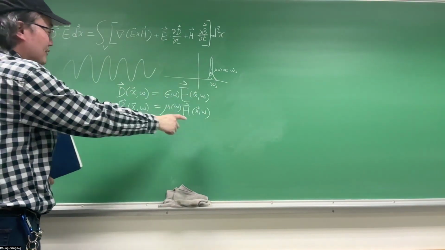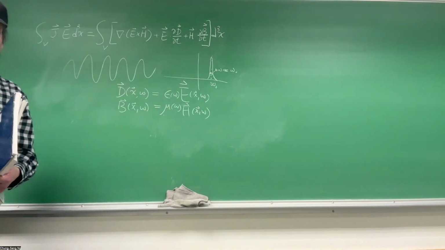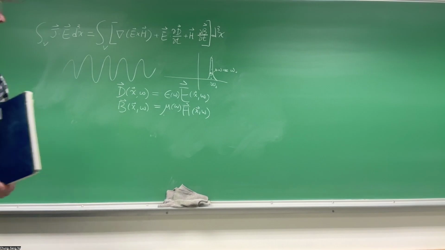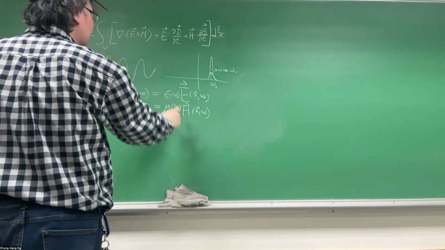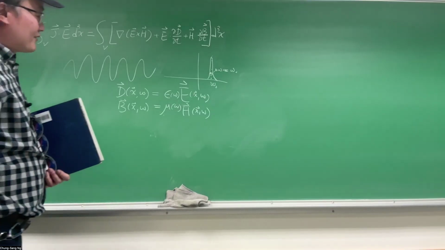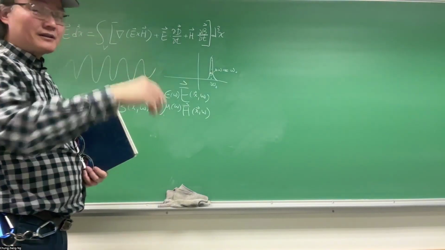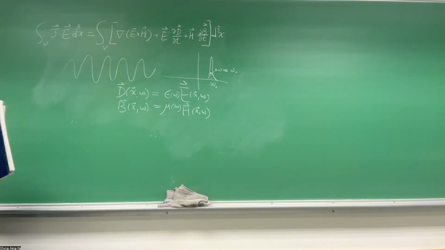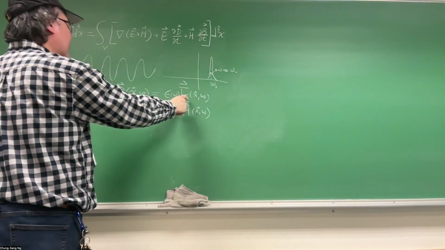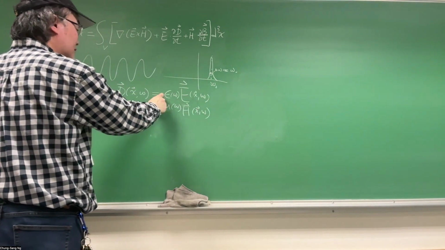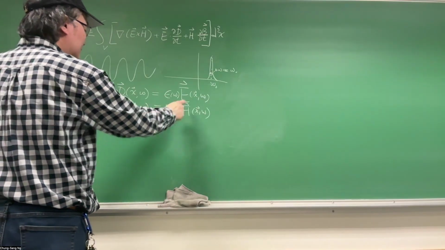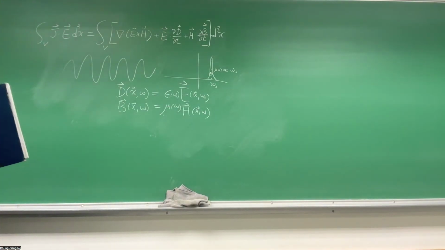D will depend on the integration of E over time, because you multiply by this Fourier transform. Some of you haven't taken mathematical physics, but this is the so-called convolution. It means you multiply, go back to the time domain, and have an integration over E over a certain time.